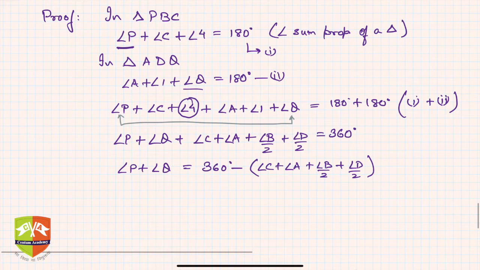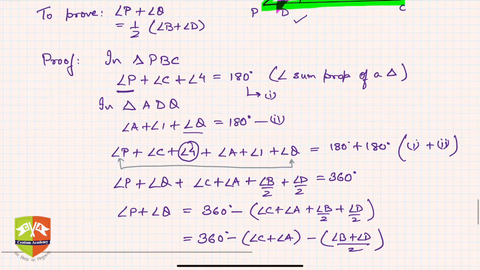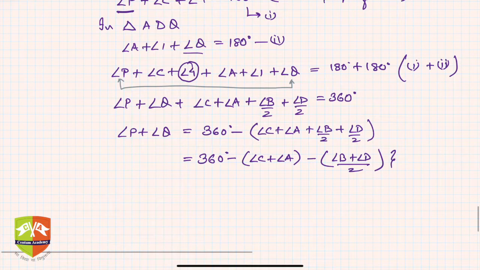Now let's see whether we can get the desired result from here. So 360 degrees minus (angle C plus angle A), and then minus (angle B plus angle D) by 2. I did that because ultimately I want the result in B and D only. So let this be there and let's try to eliminate these items.